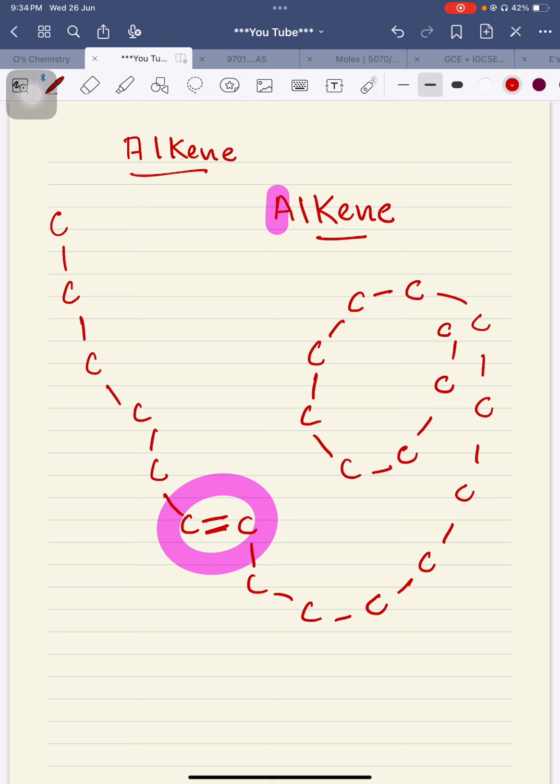So guys, I would like to bring your attention to this point: whether it is a small carbon atom chain or a longer carbon atom chain, if there is only one carbon-carbon double covalent bond, that is sufficient to change the category of that hydrocarbon from an alkane to an alkene.